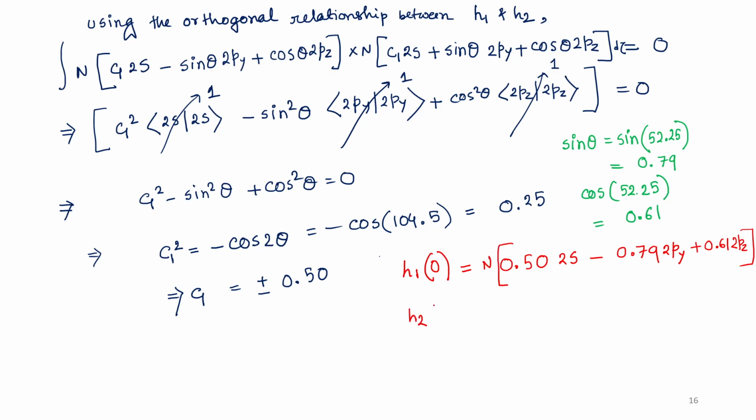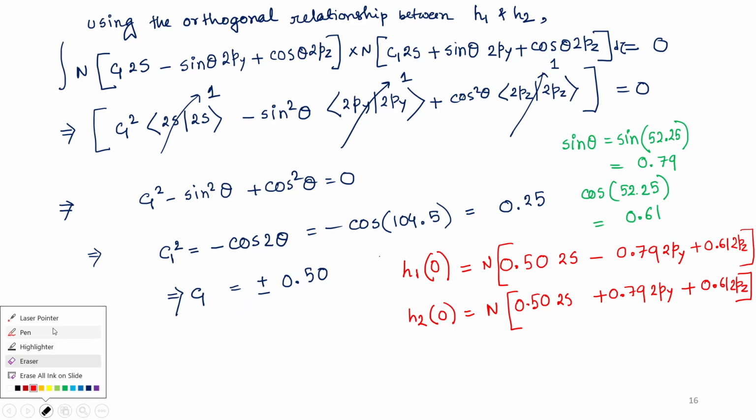And H2 on oxygen is n times, and I can take this as plus sine theta, plus the same 0.61 2pz. I can take any one of these, plus or minus, any one.